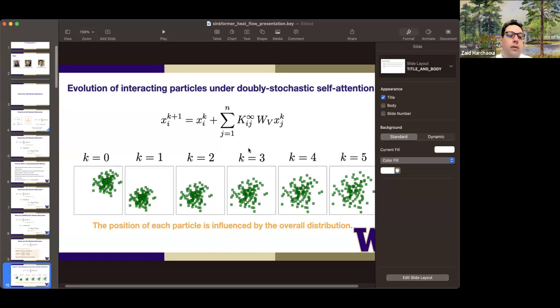It runs through the first self-attention layer and then the second self-attention layer and so forth and so on. And after many, many layers, the initial set of particles may find itself transformed and having a different geometry, a different statistical behavior.